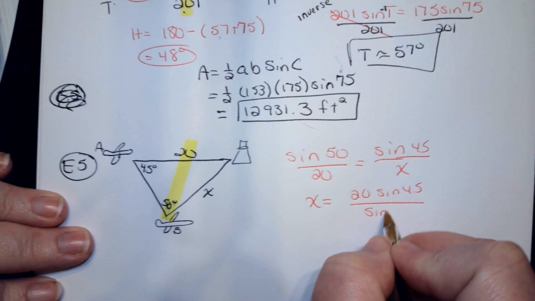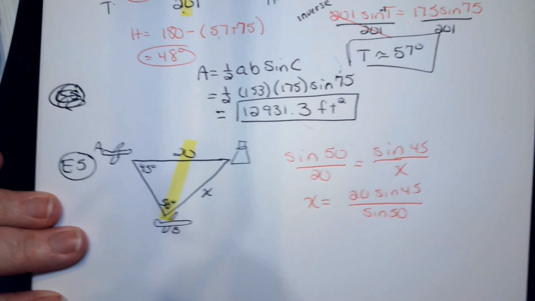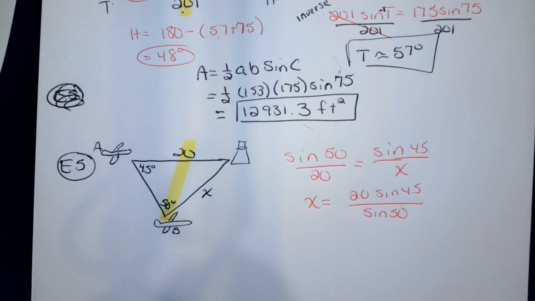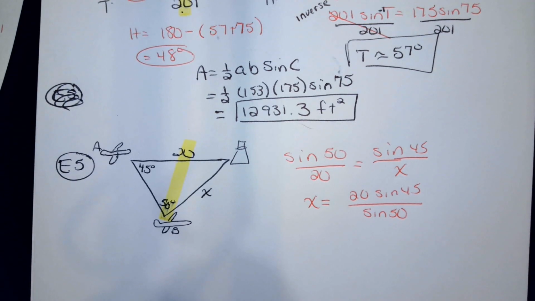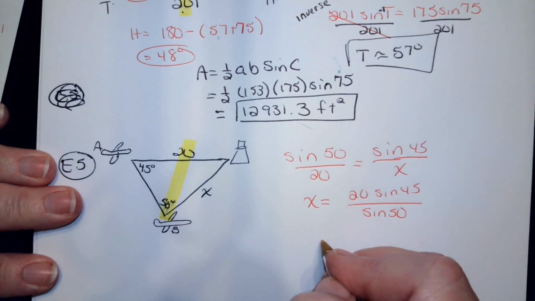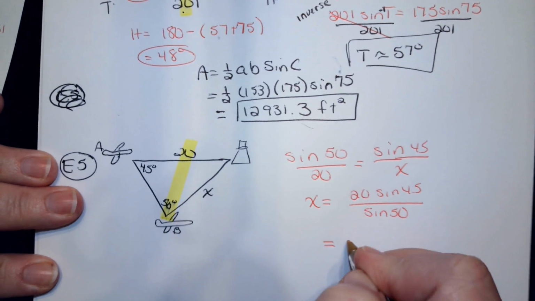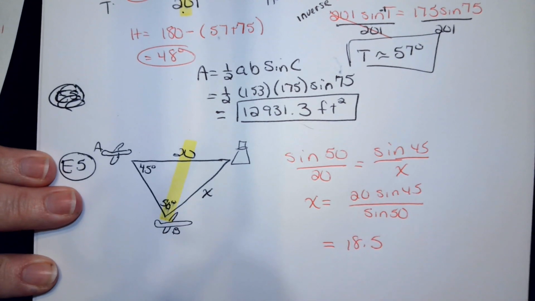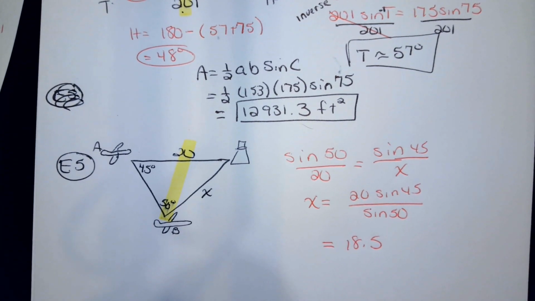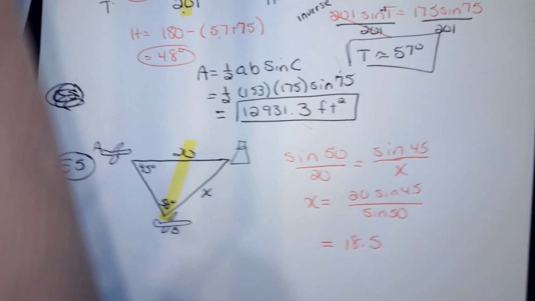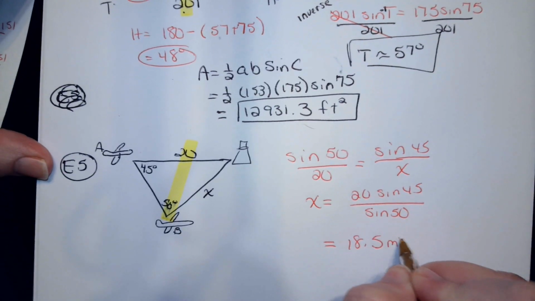So we're going to say divided by the sine of 50. When we put that into our calculator, we're going to get x. It's approximately 18.5. And let's see, was this feet or miles? Yeah, miles.